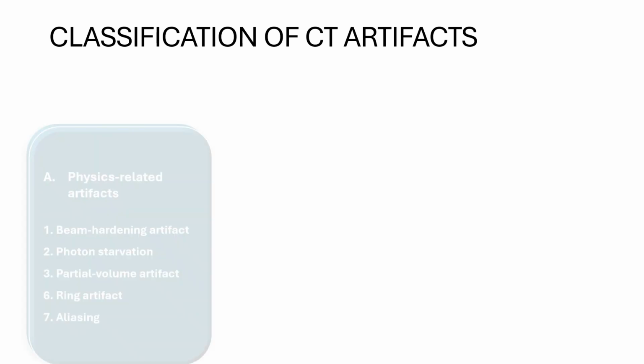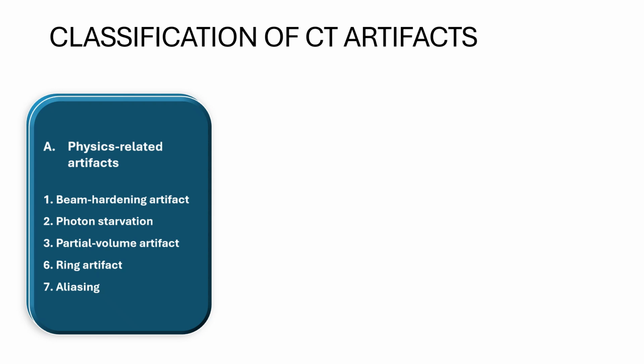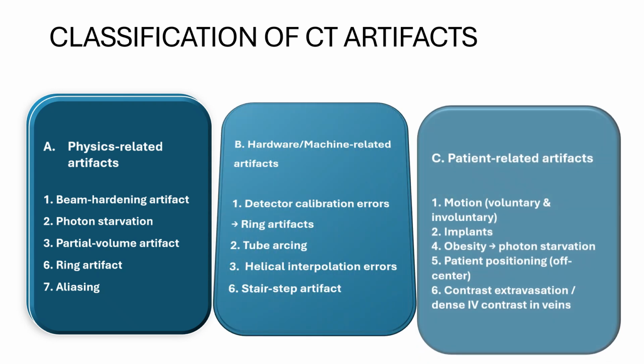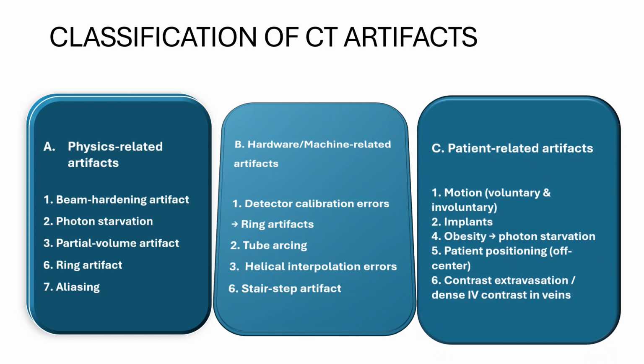So CT artifacts are classified according to the physics related artifacts, hardware or machine related artifacts, and the patient related artifacts. Physics related artifacts are the beam hardening artifact, photon starvation, partial volume artifact, ring artifact, and aliasing artifact.